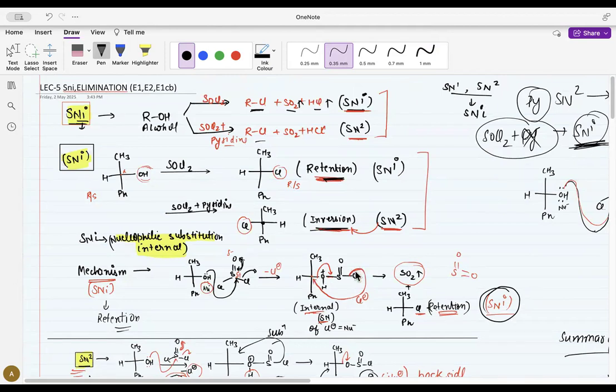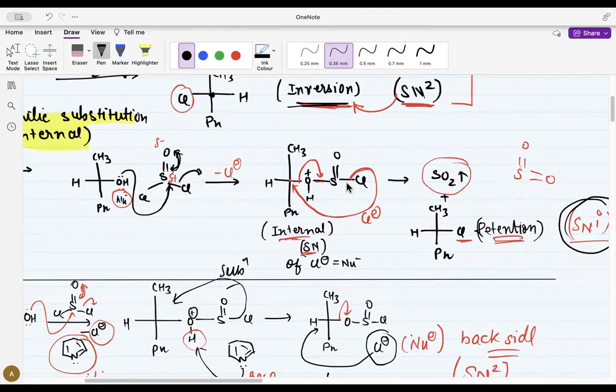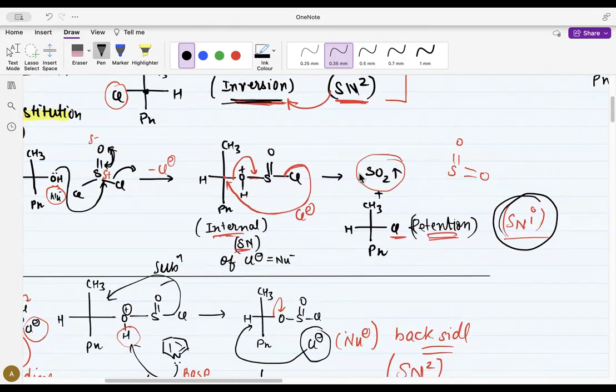And if it becomes weak, Cl minus will come and attack this carbon to remove SO2Cl, to remove SO2. Done? Simple it is.